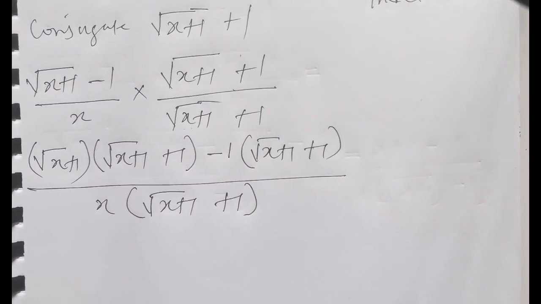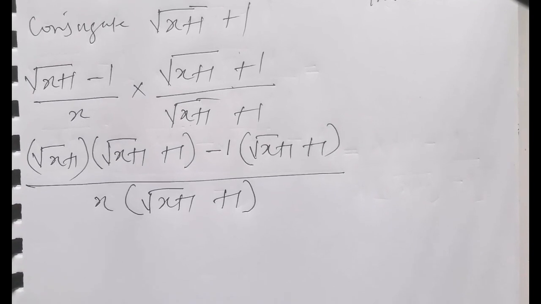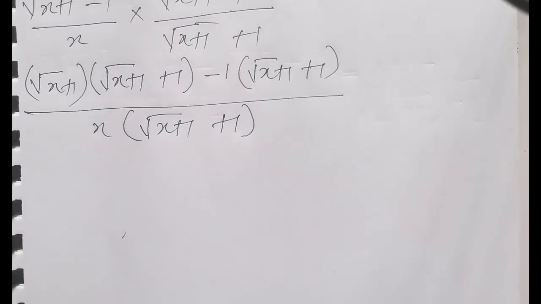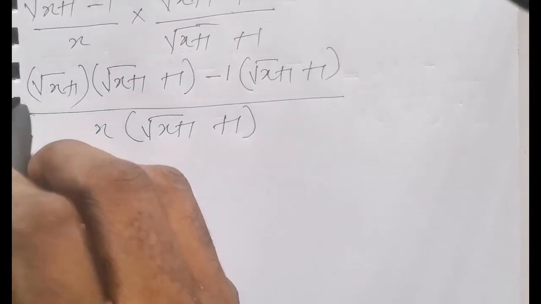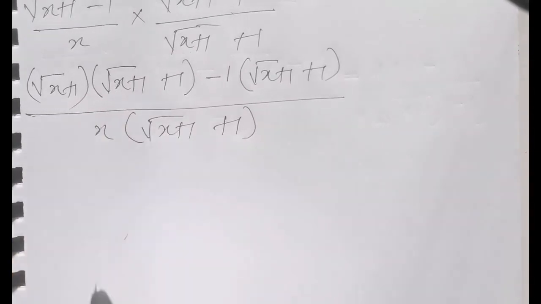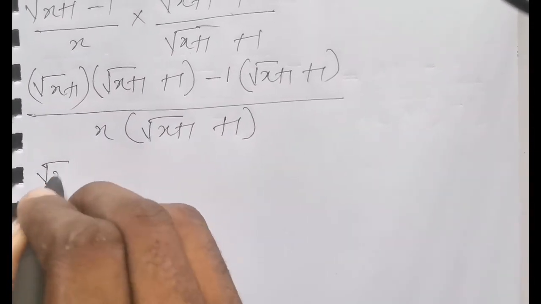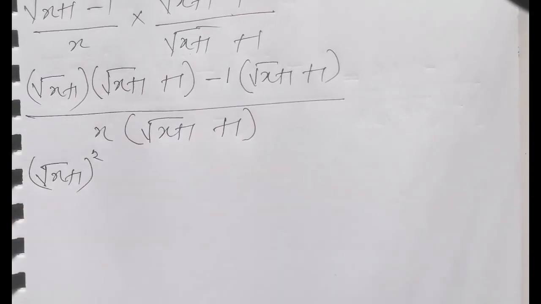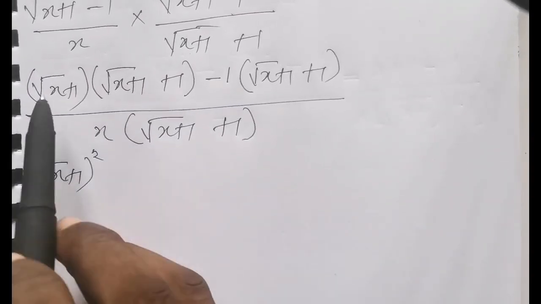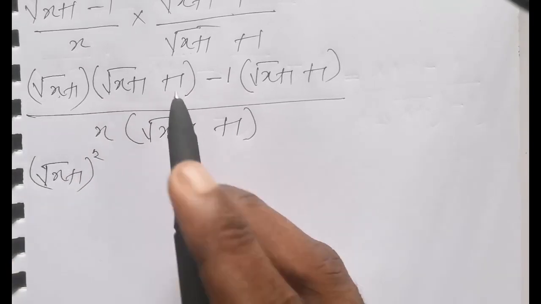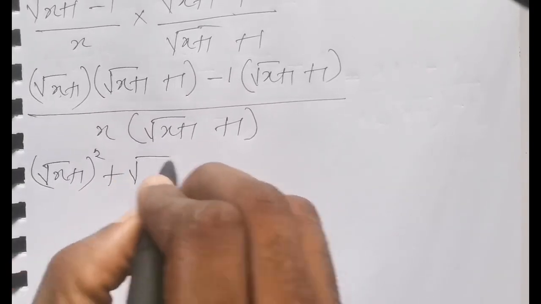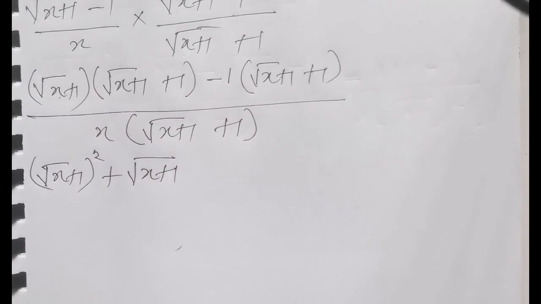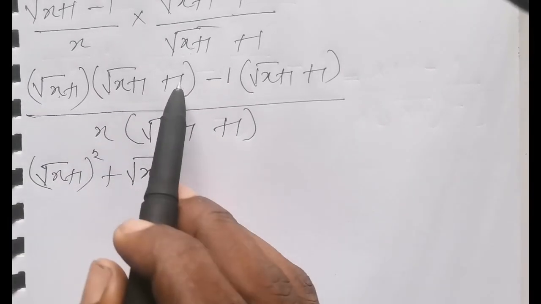Okay, so let's expand and see. Root x plus 1 multiplies root x plus 1, which simply gives us root x plus 1 all squared, since they are like terms. Again, root x plus 1 multiplied by plus 1 gives plus root x plus 1. We are done with the expansion of this.